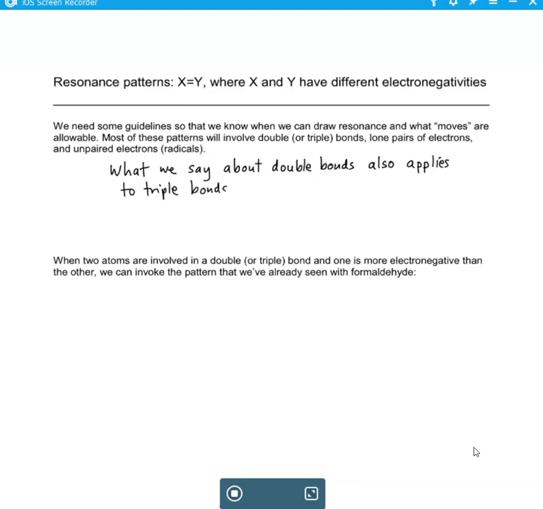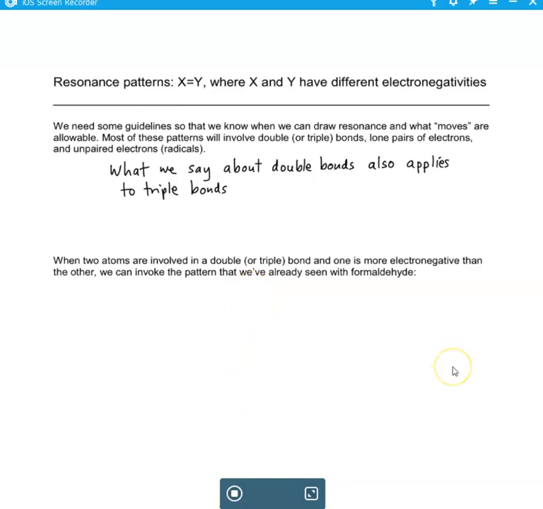So any of these moves, any of these patterns that I'm going to show you, where I show you a double bond as the example, could also be a triple bond, and the same pattern is going to apply. We're just going to focus more on the double bonds because you're more likely to see those more frequently, but it's true for both.